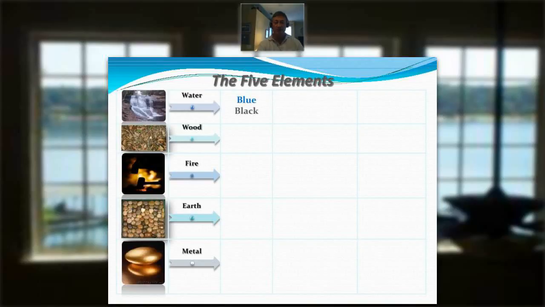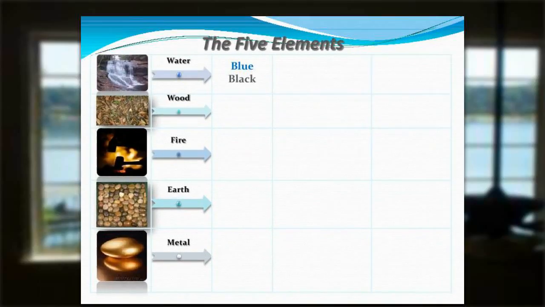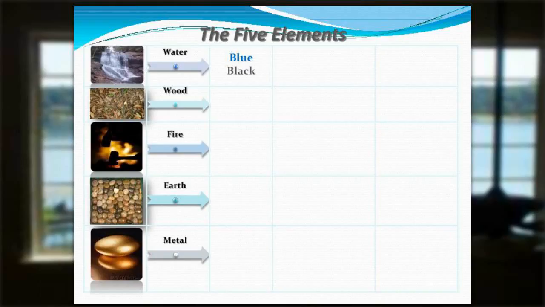Now, the 5 elements are actually representations of different types of energy that you might find in an environment. So don't get too hung up on the idea of water, wood, fire, so forth.